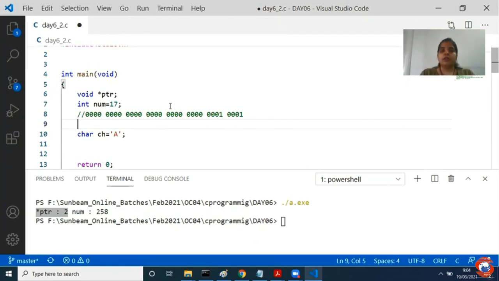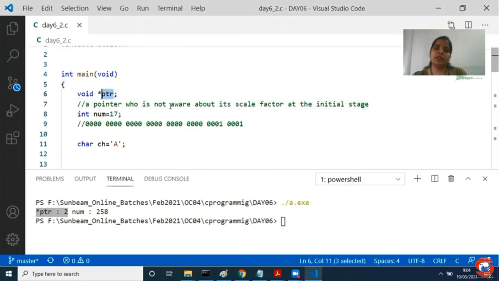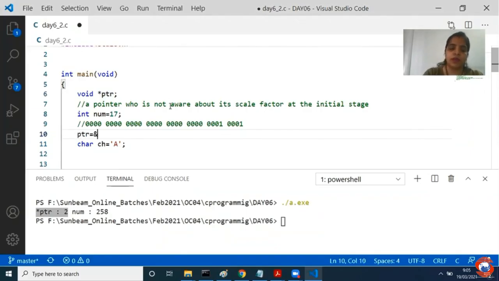When I say void pointer, it means a pointer that is not aware of its scale factor at the initial stage. When I declared the pointer here, does it know whether it is for integer or character? No, it doesn't know, right? It's just a pointer, which means it can hold the address. Now I tell the compiler, let my pointer store the address of num.